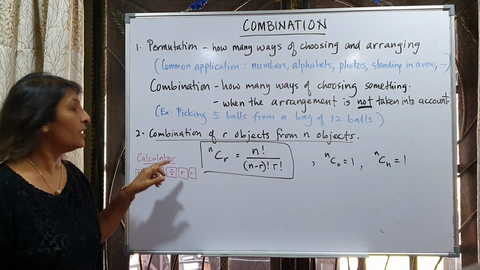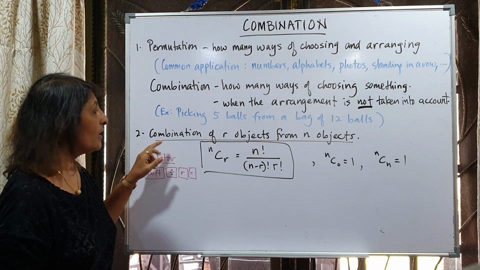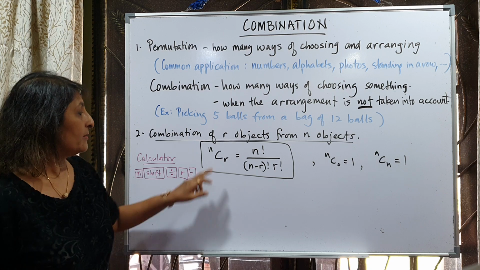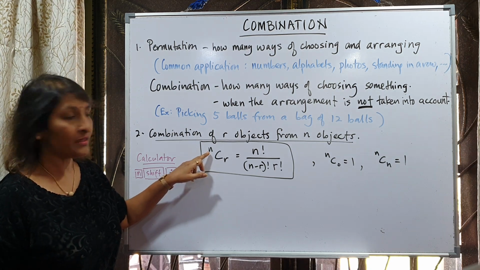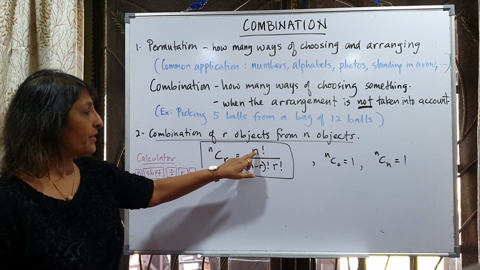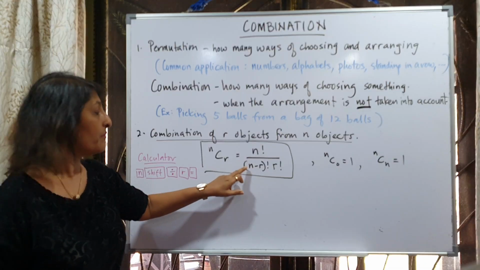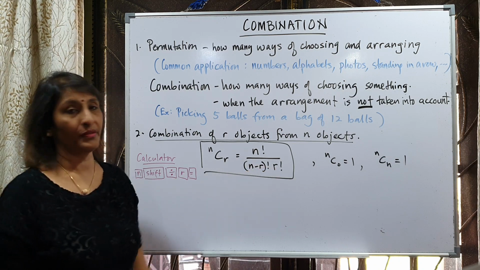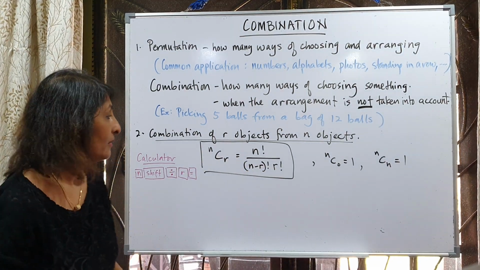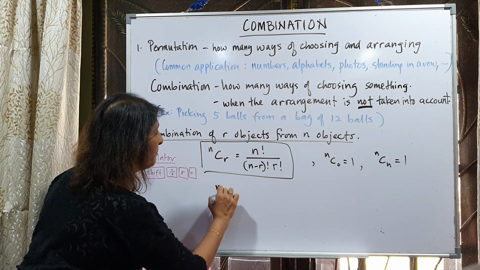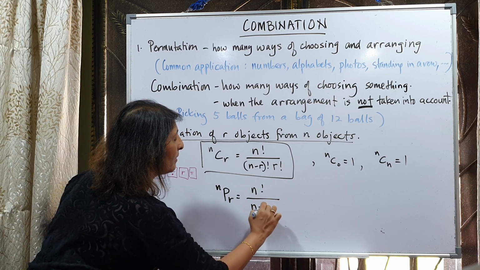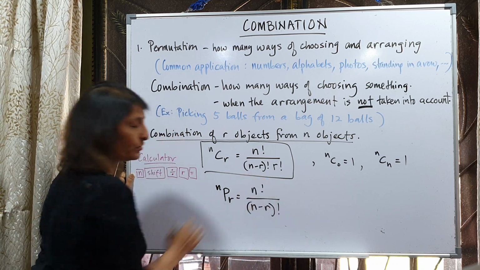Now let's go to the formula. Combination of R objects from N objects, we write it down like this: NCR equals N factorial divided by N minus R factorial and R factorial. So this is the formula for combination. You will note that when we did NPR, it was N factorial over N minus R factorial also.